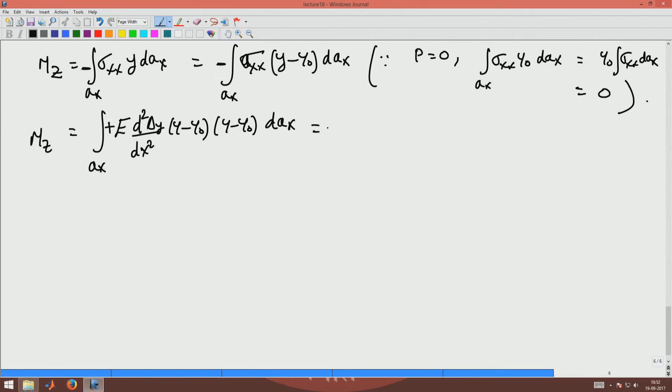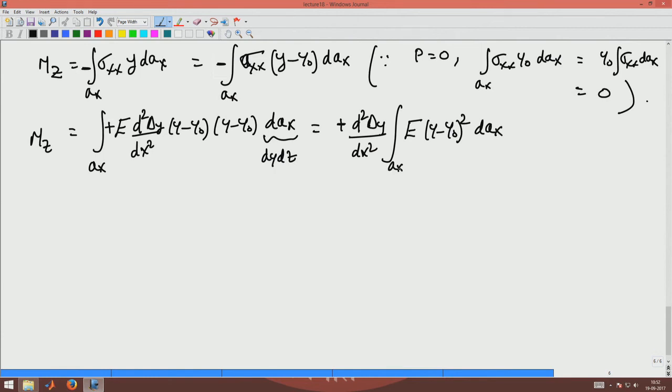Again, dAx is dy dz, and delta y is a function of x alone, so I can move that outside the integral. This will be d square delta y by dx square times the integral of E times (y minus y naught) whole square dAx.